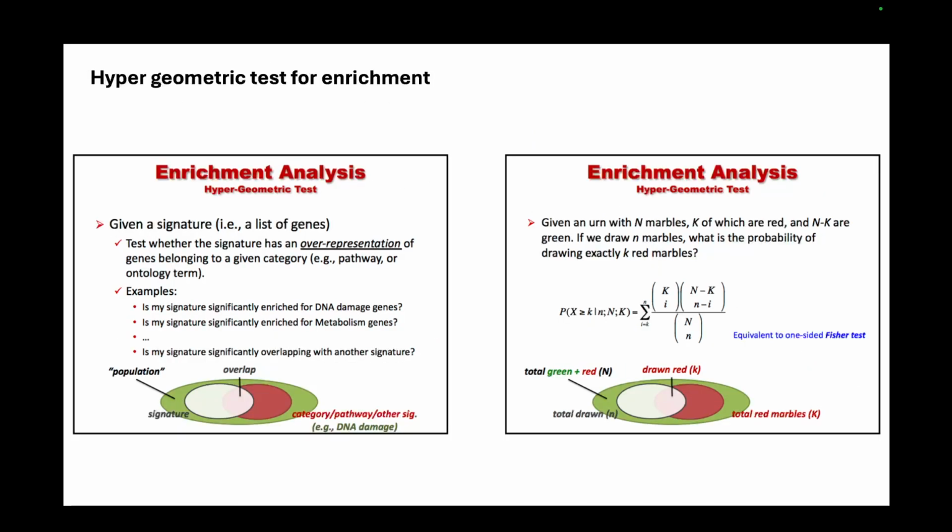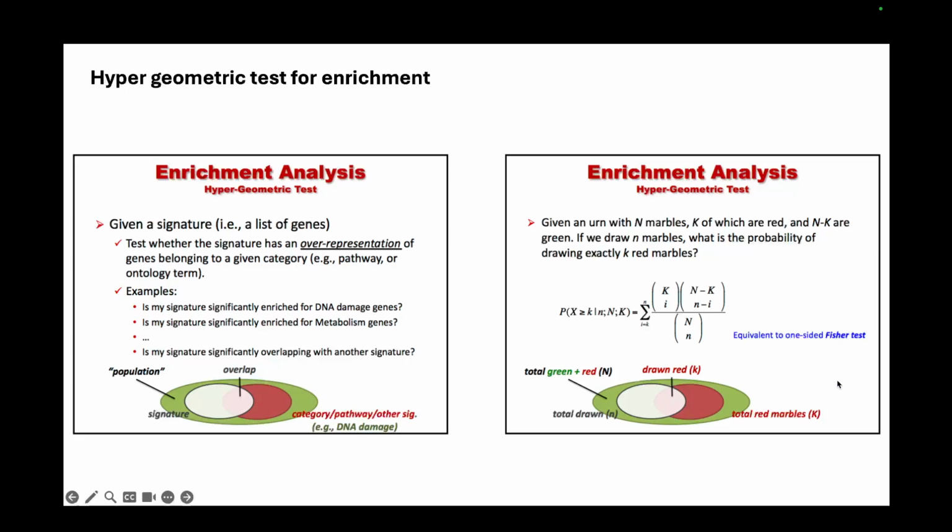Now, how do we implement the hypergeometric distribution, or a hypergeometric test, for enrichment? Look at the right hand side first. For example, given an urn of capital N marbles, capital K of which are red and capital N minus K are green, if we draw small n marbles, what is the probability of drawing exactly small k red marbles?